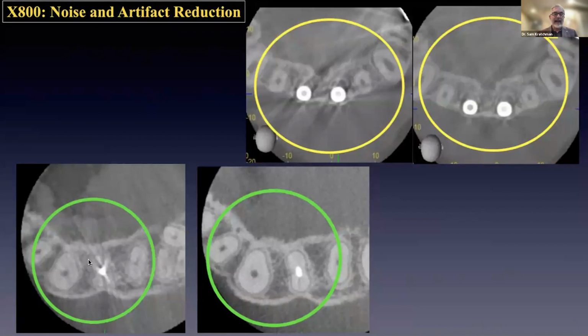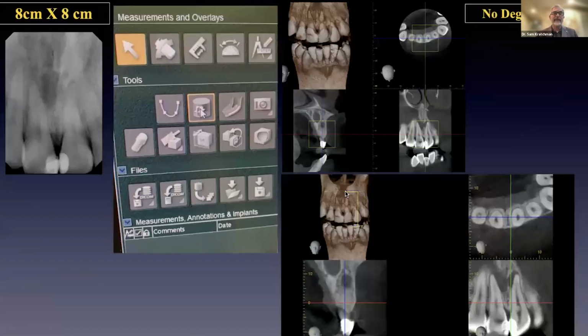So if you look at the two left side circles here, this is what is referred to as scatter or noise or distortion. And it's very difficult to get a clean reading and to get a good diagnosis. Look at with this noise reduction, especially here, how clear this is with this newer model of the machine. So it's something that's very important and been very helpful.